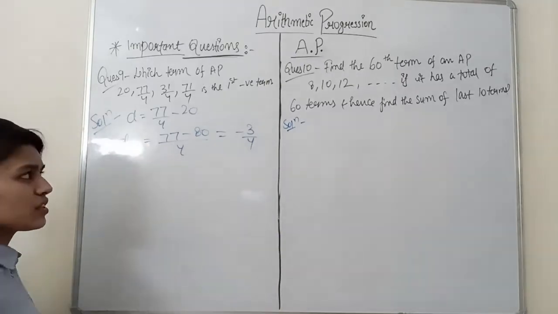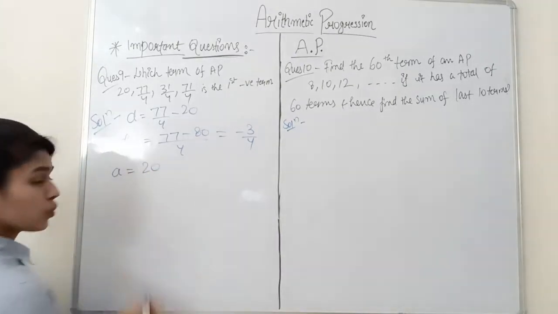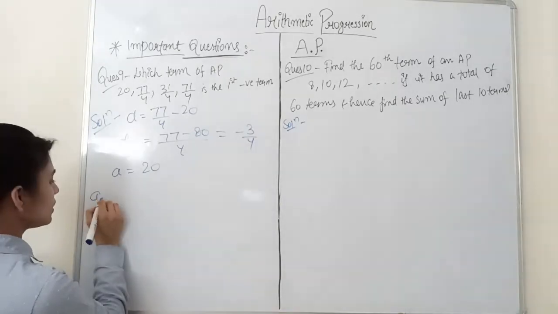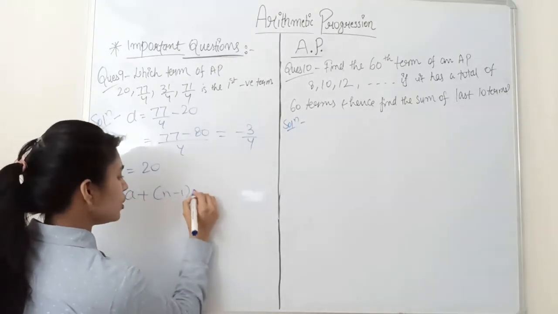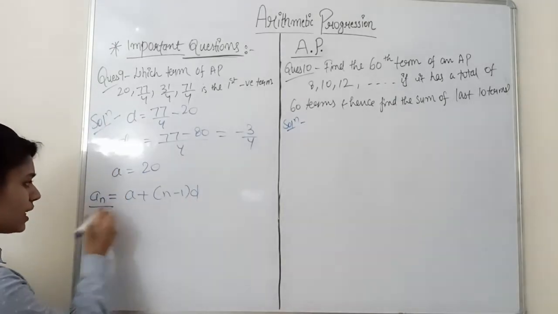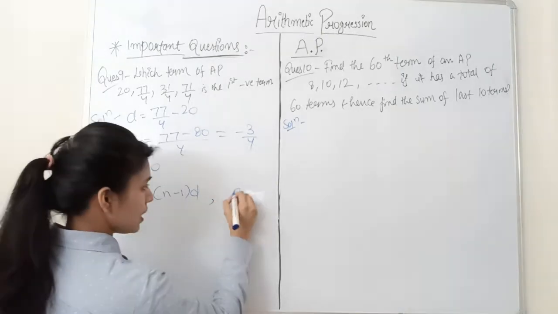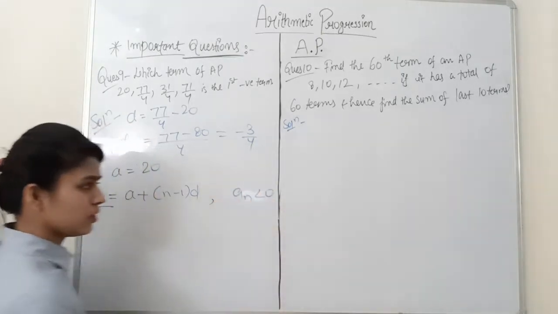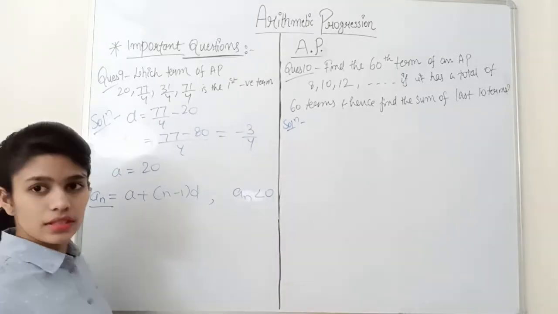So the common difference will be minus 3 by 4. A is already given as 20. What is An? A plus (n minus 1) into D. The condition is An should be less than 0. Then we say that our term is negative.